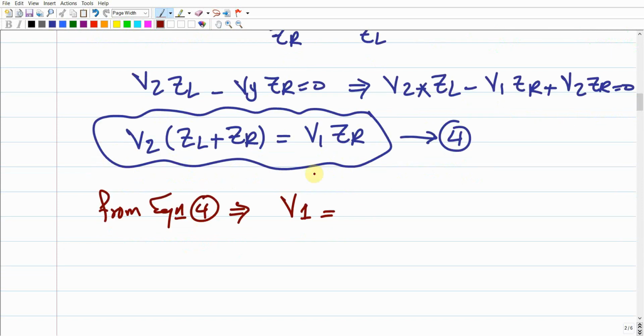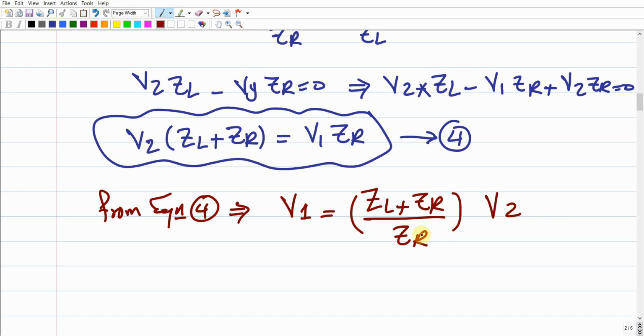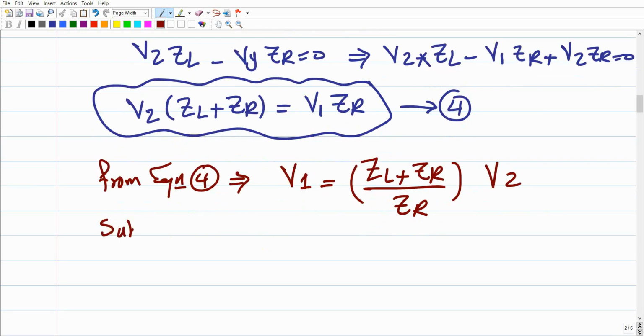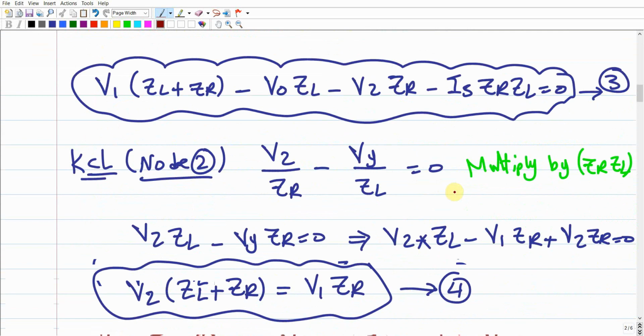You can find V1 equals, you're just going to divide by ZR, so it's going to be ZL plus ZR divided by ZR, multiplied times V2. Then you can substitute this expression into equation 3 to end up with one equation and one unknown, and this unknown is going to be V2.